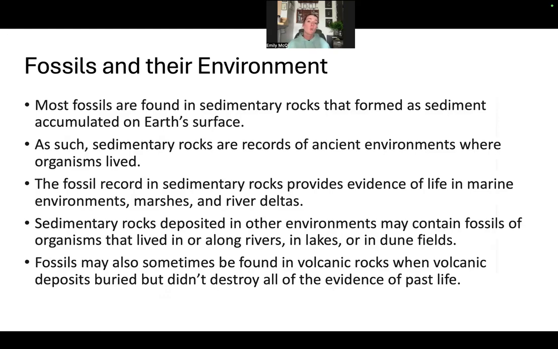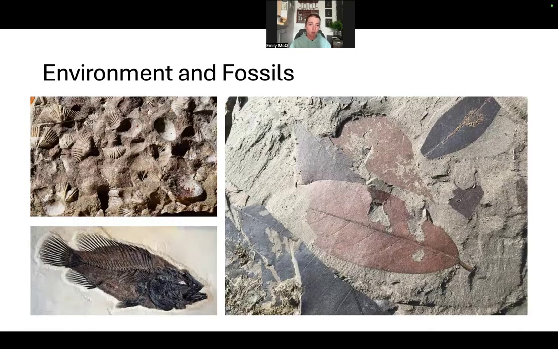And these trees were so wet that when the lava hit them, they didn't immediately burst into flame and burn away. They were so wet that they were actually able to cool some of that lava as it went around them and left behind these petrified wood molds. So not always are they in sedimentary rocks, but most fossils that we find are in sedimentary rocks.